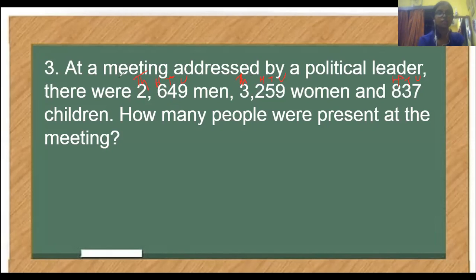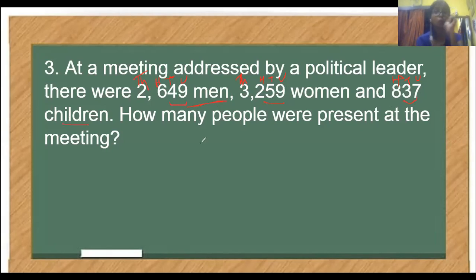All right. So at a meeting addressed by a political leader, एक political leader ने जब एक meeting address किया था, there were 2,649 men, 2,649 आदमी थे, लोग थे, 3,259 women, औरतें कितनी थी, 3,259, and 837 children, बच्चे कितने थे, 837.